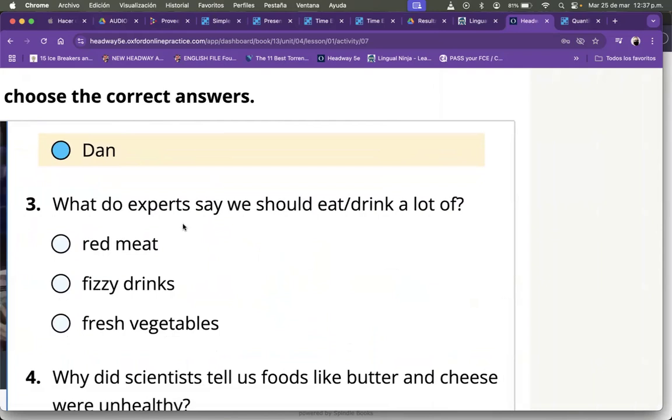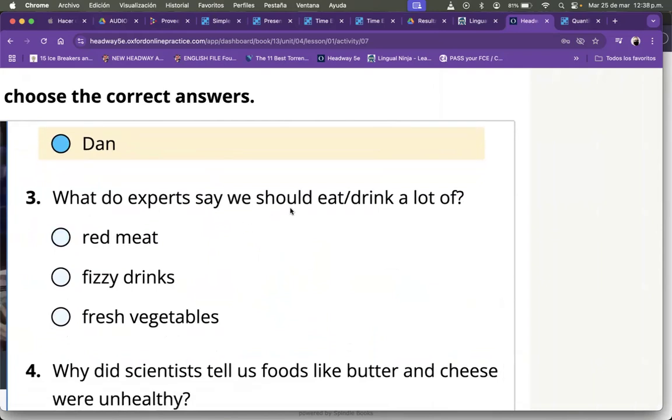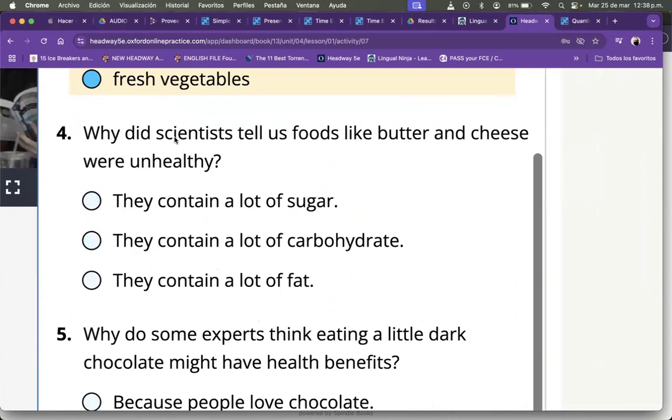What do experts say we should eat or drink a lot of? Red meat, fizzy drinks, or fresh vegetables? Fresh vegetables. Fresh vegetables, okay. Why did the scientists tell us foods like butter and cheese were unhealthy?